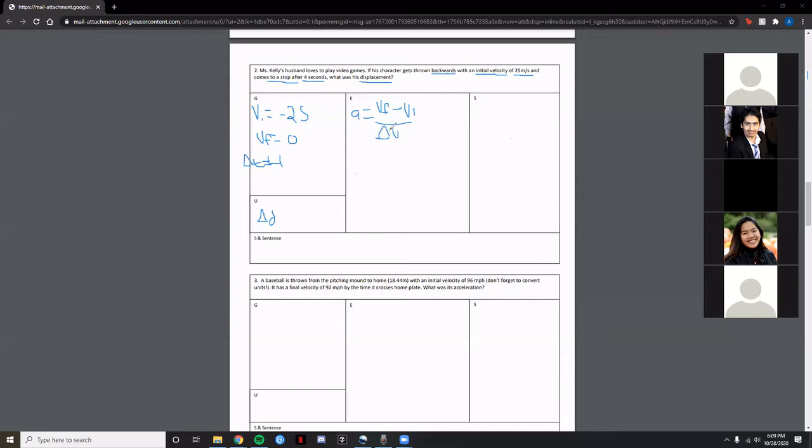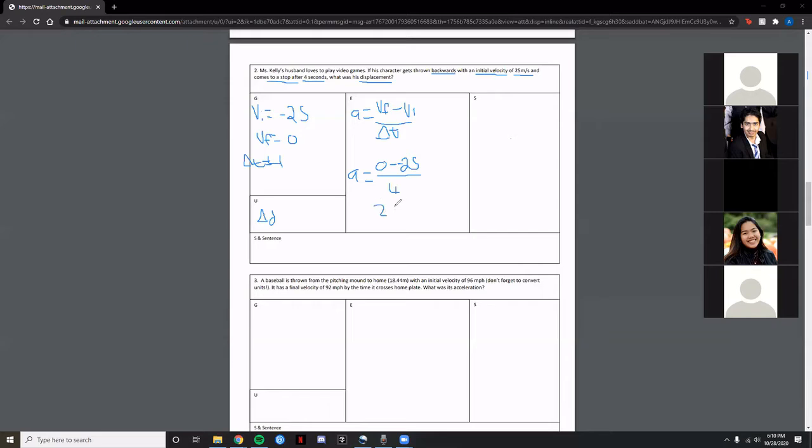Good job, Zachary. So let's do it Miss Kelly's way. So a equals, we said v of f was 0, minus negative 25. That's negative 25 over 4. 0 minus negative 25, that is 25.